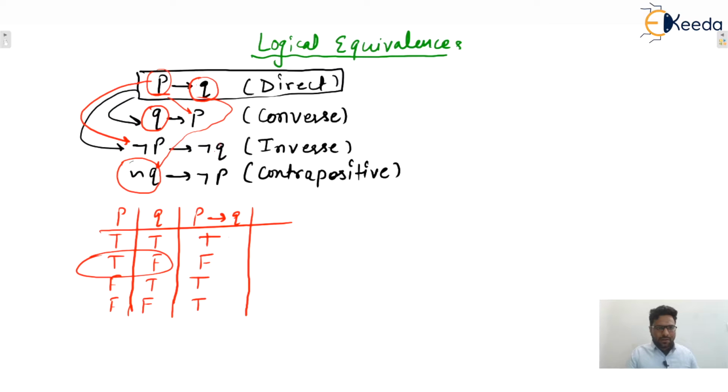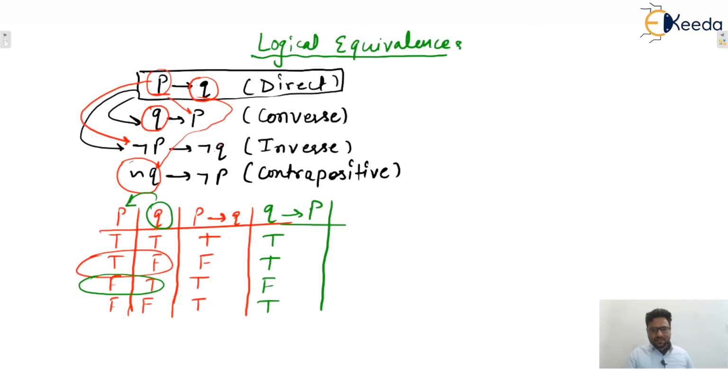Next, Q implies P. Now Q becomes LHS and P becomes RHS. So true implies true is true, false implies true is true, and true implies false is false, and this one is true. Now what is negation P implies negation Q?